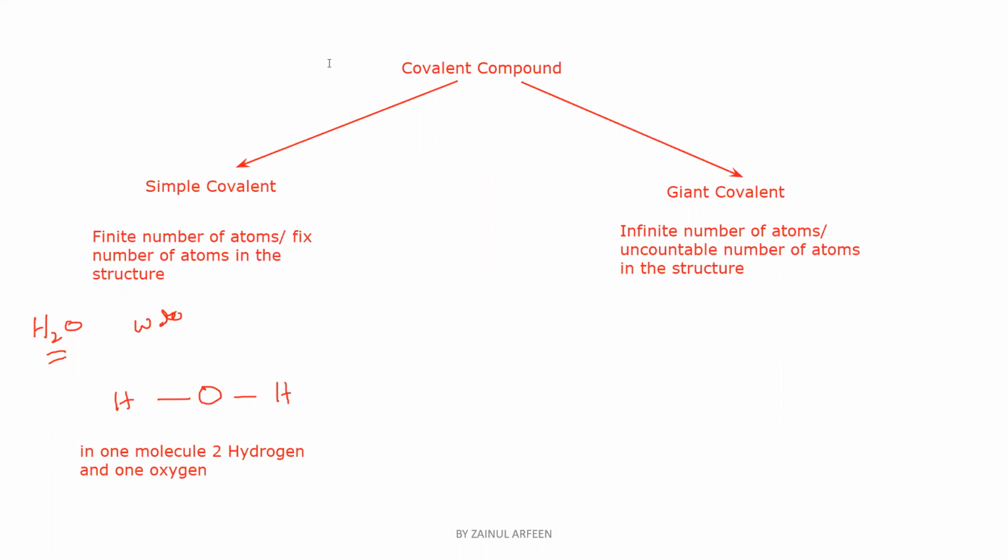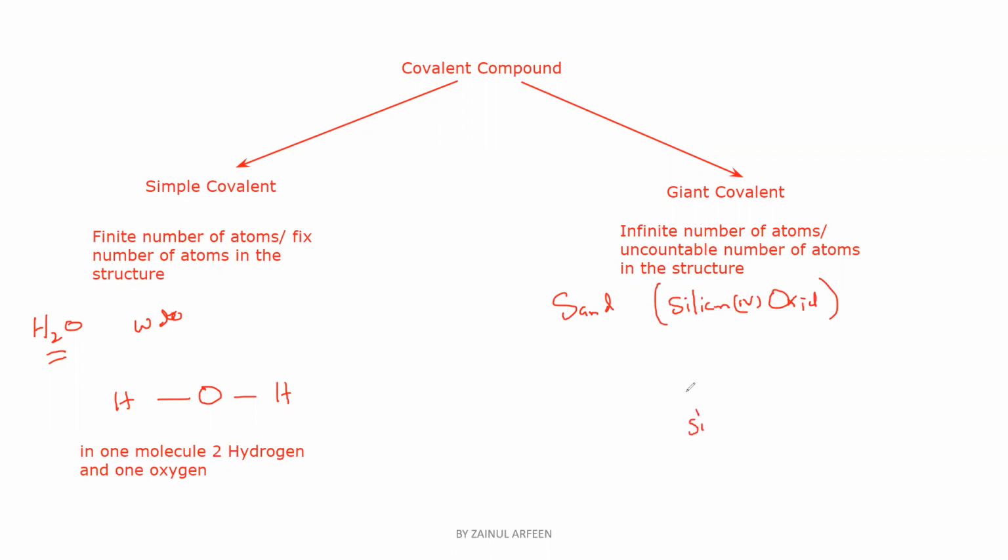But there are also giant covalent compounds. What is the meaning of giant covalent? It means we have so many atoms in the structure. Example like sand, which has the chemical name silicon 4 oxide. What happens in sand?